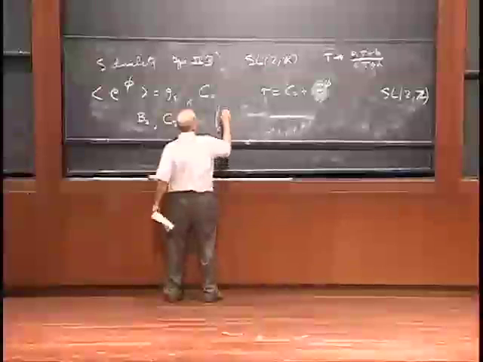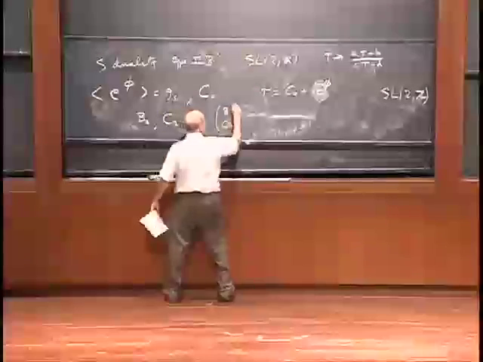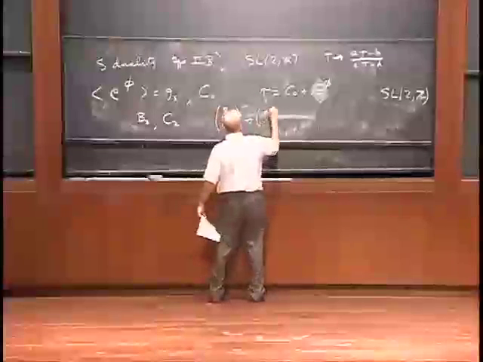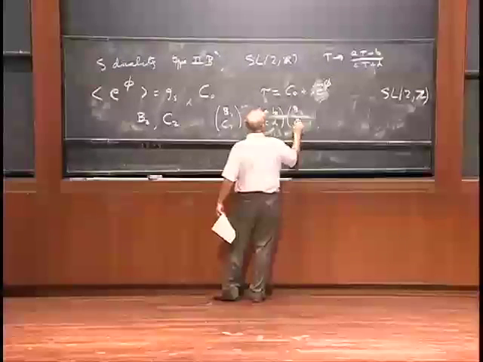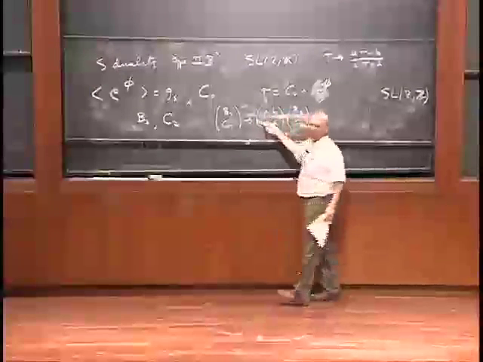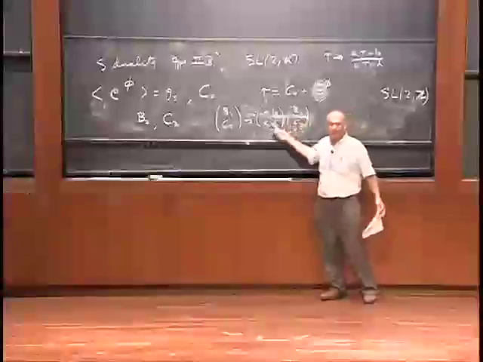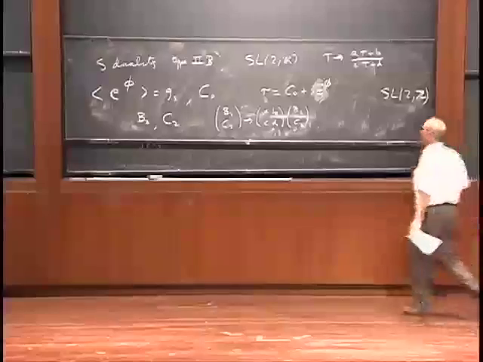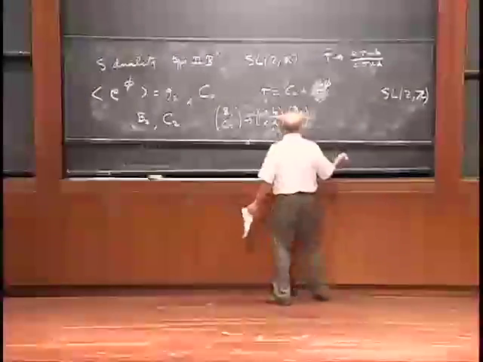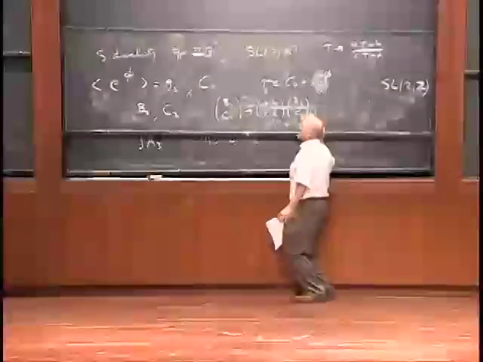And these two fields transform as a doublet under this transformation. Well, I may need the transpose or the inverse or something of this matrix, but it looks roughly like that. The other fields are basically singlets.